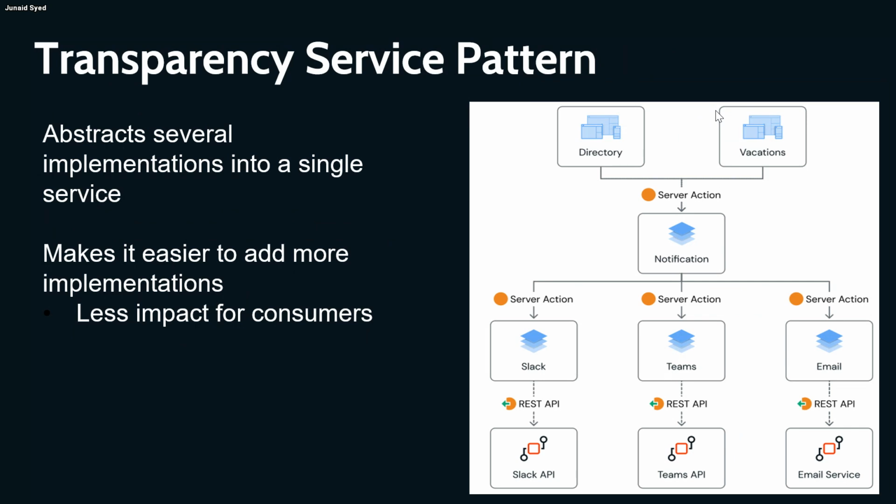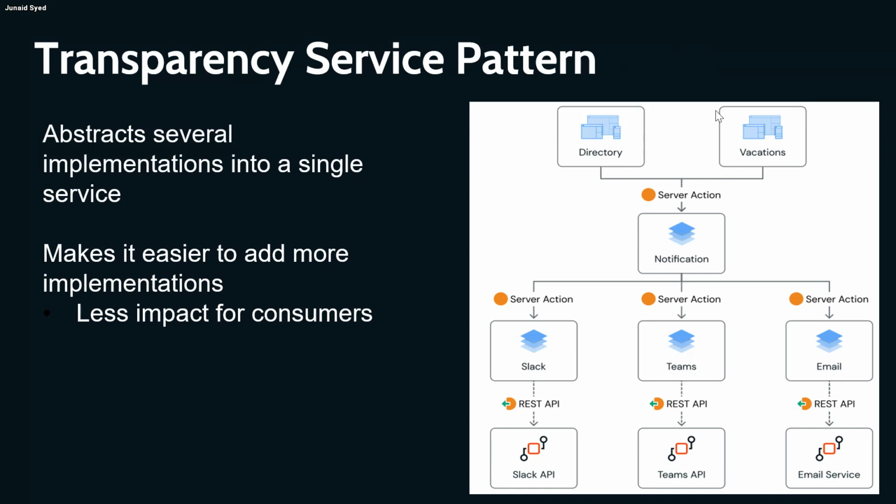With this abstraction, all the applications just have to go out and request the notification library. My directory application does not need to know about the Slack library. It does not need to know about the Teams or email libraries.